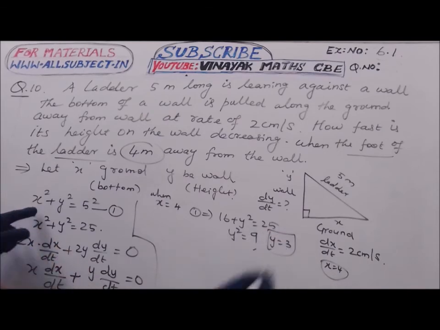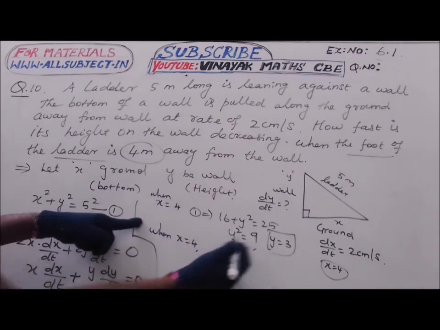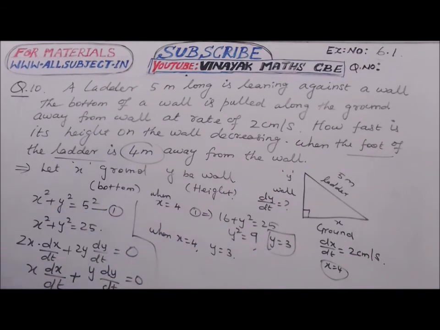We have plus or minus 3, but length cannot be negative, so we take y equal to 3, the positive quantity only. So when x is equal to 4, we have y is 3, and dx by dt is 2 centimeter per second.